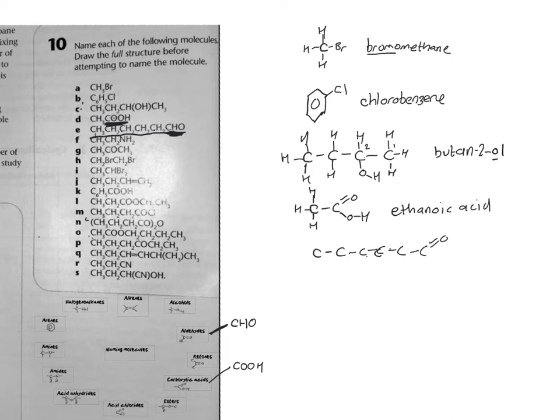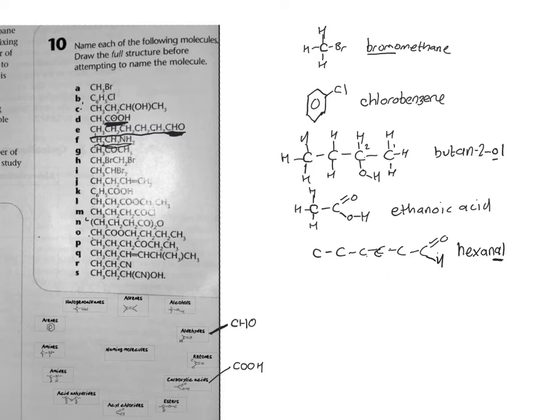I'm not going to put all the hydrogens on to save time. And therefore the stem for 6 is hex, so that's hexane, and the suffix for an aldehyde is -al. We don't need to give the position because it will always be on the end carbon, carbon number 1.